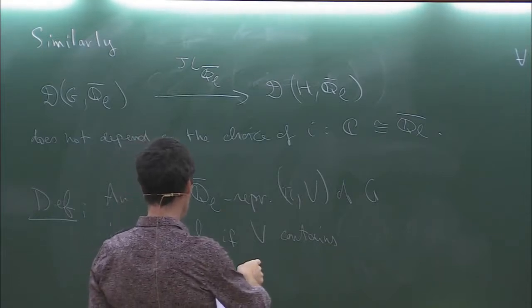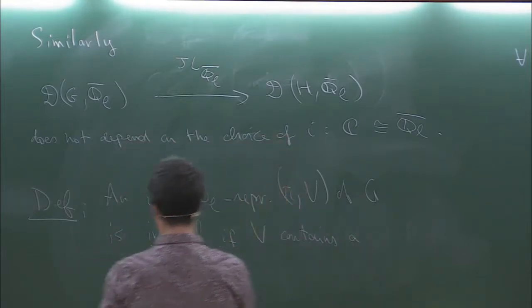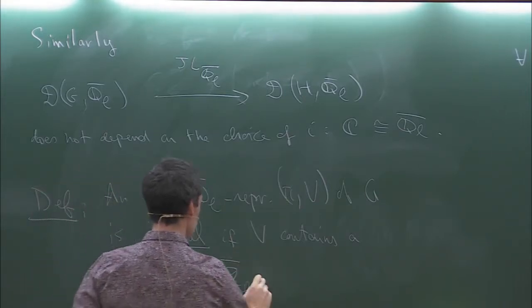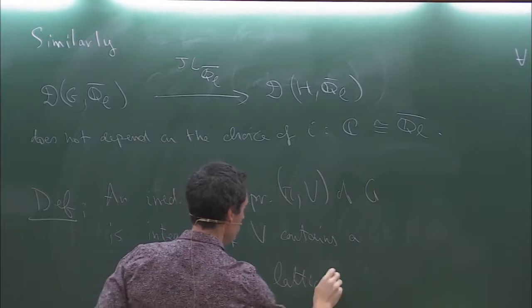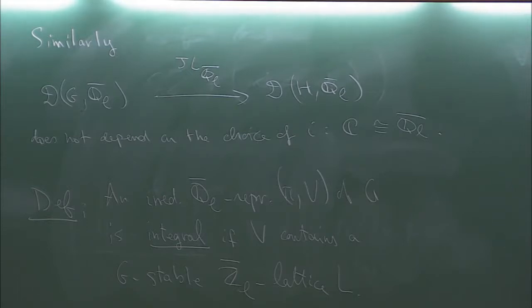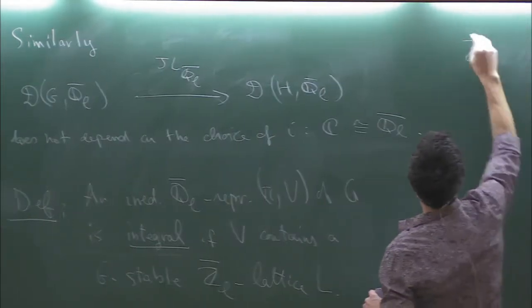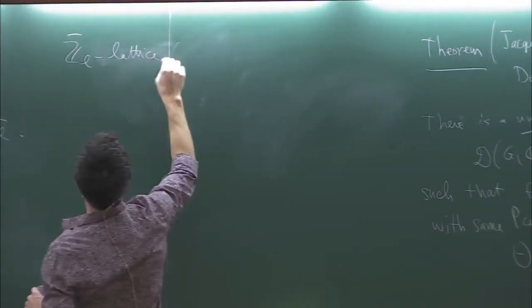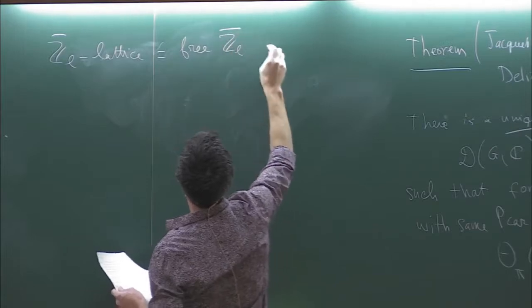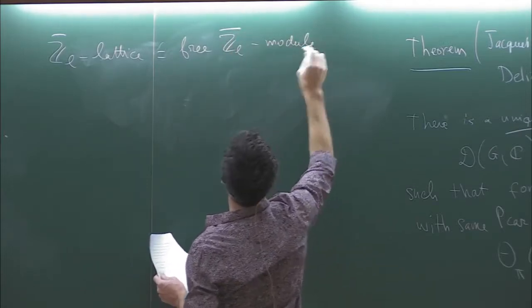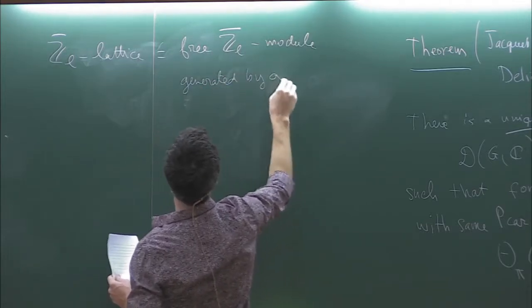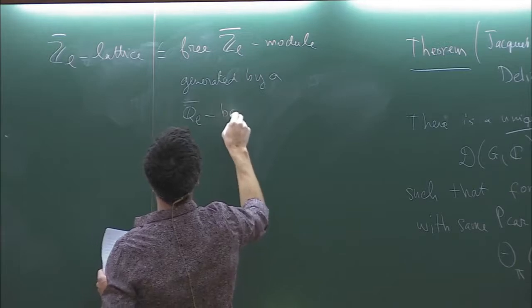So what is a ZL bar lattice? A ZL bar lattice is a free ZL bar module generated by a QL bar basis of V.